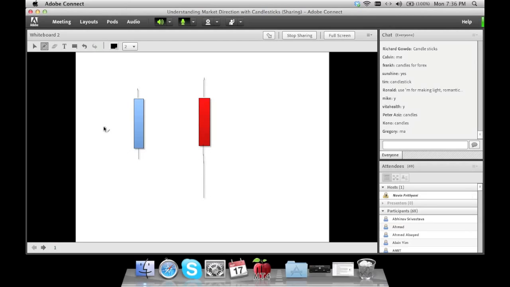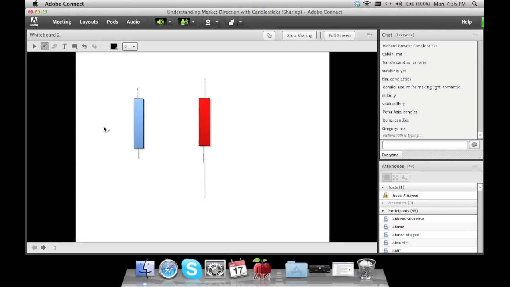Okay, can everyone see the things drawn on my screen on the whiteboard, the blue and red candle? Going with the very basics: when the candle opens up, what does the blue candle represent? An uptrend, a bullish candle, or a long.